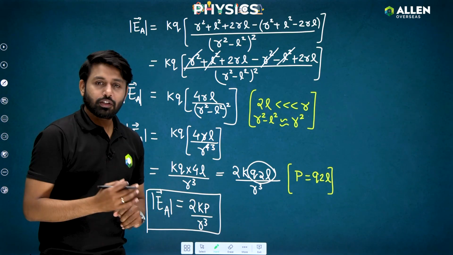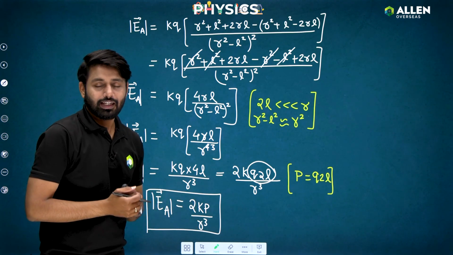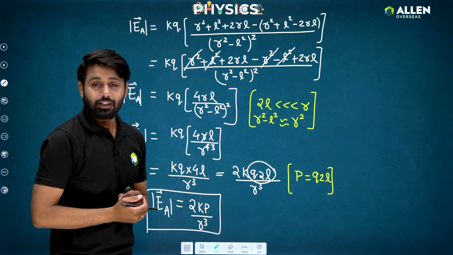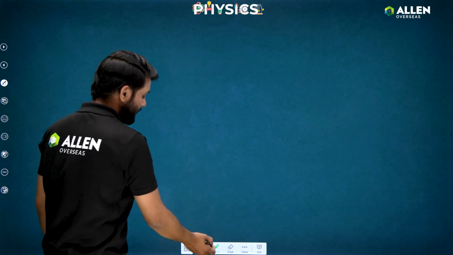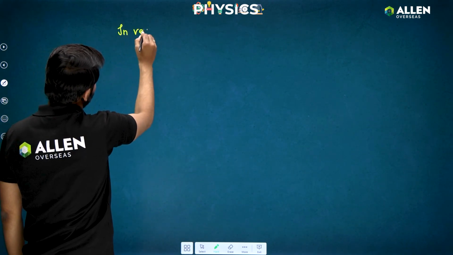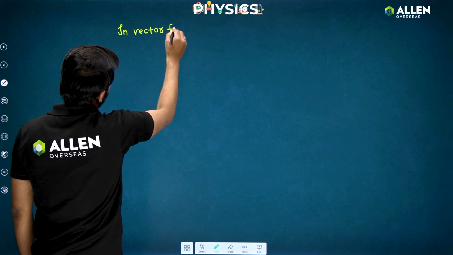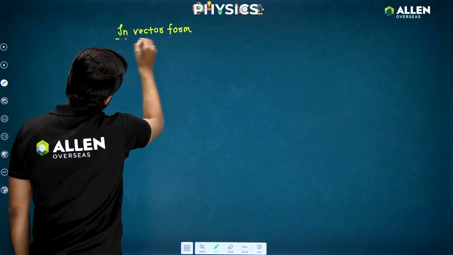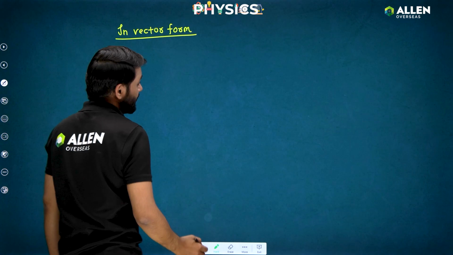Got it, students? Now you can see if we want to write electric field in vector form, in that case what we have to do. So let's understand this. You can see here in vector form, we have to write electric field. So see here, this is our dipole.